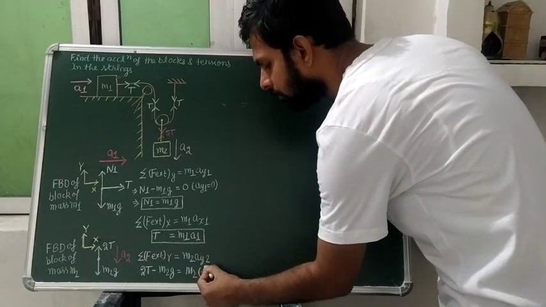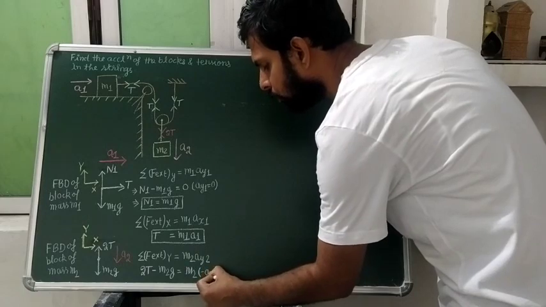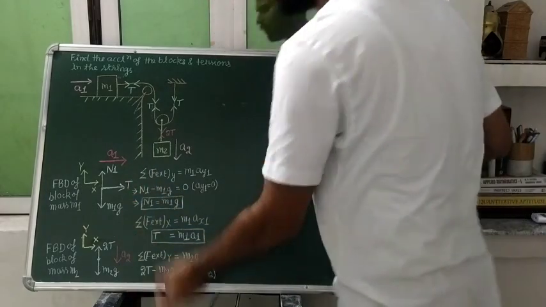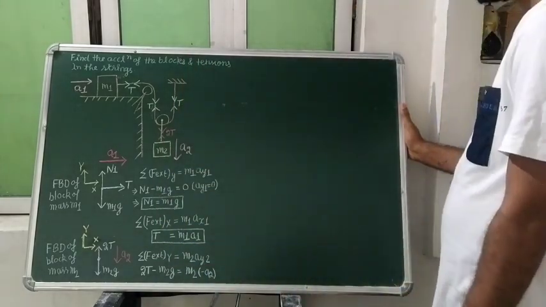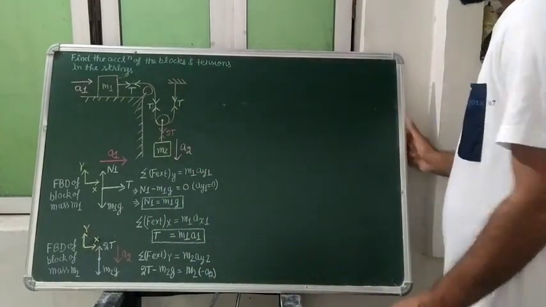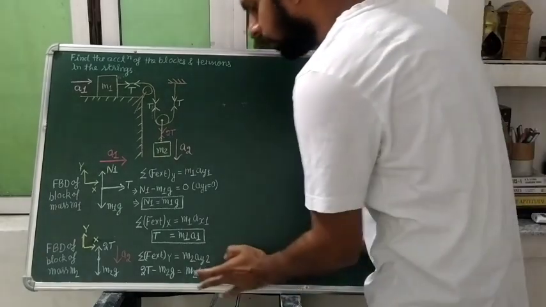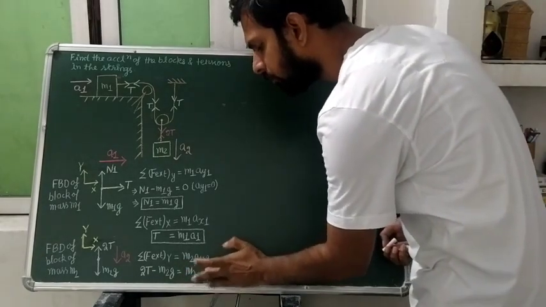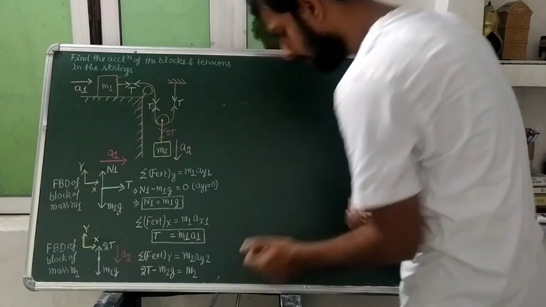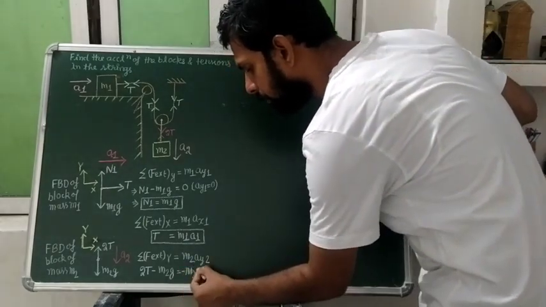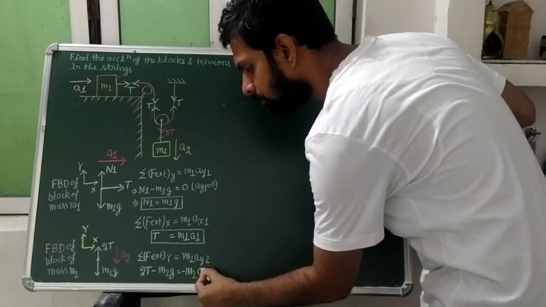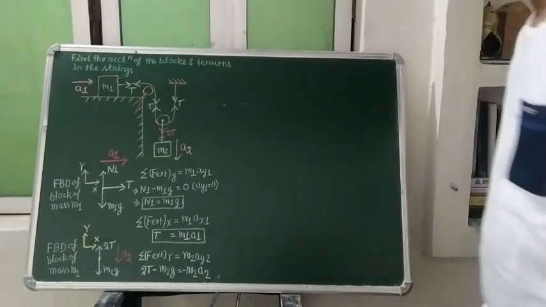A2 will be on the negative side. It is going downward, and upside we have assumed positive, so it will become this. So in the place of this, I can write minus m2 a2.